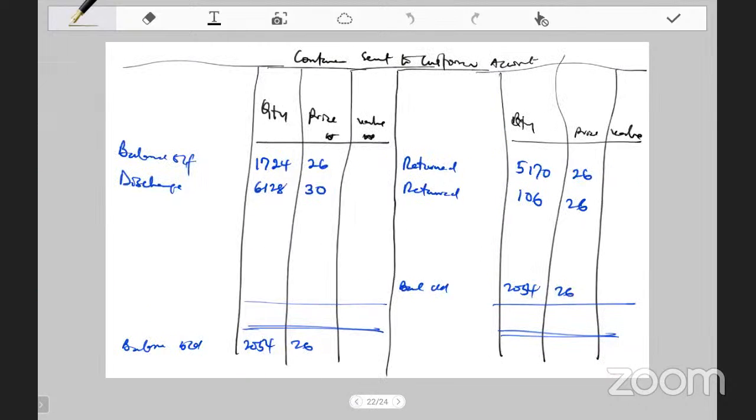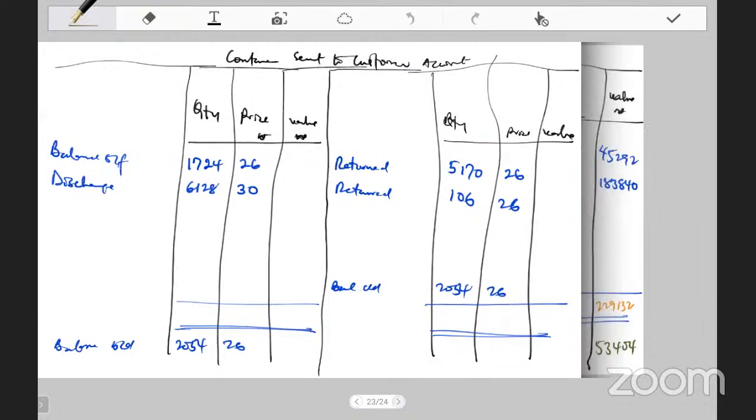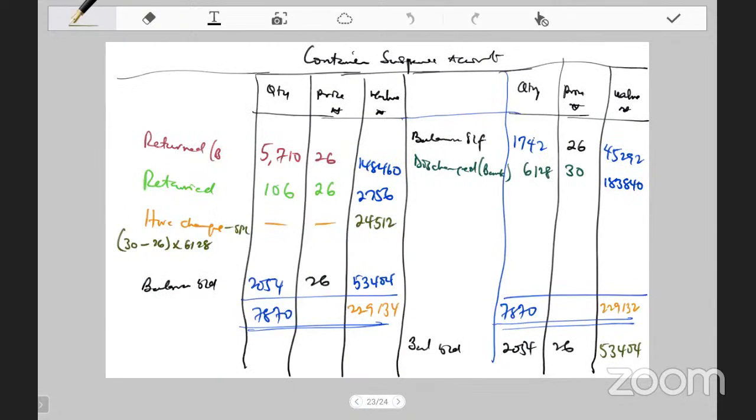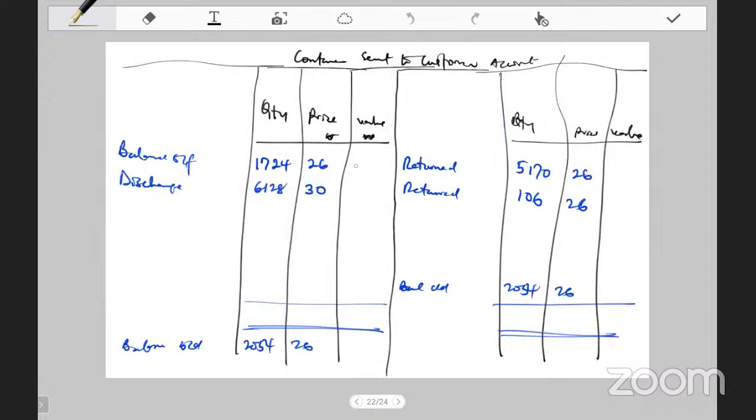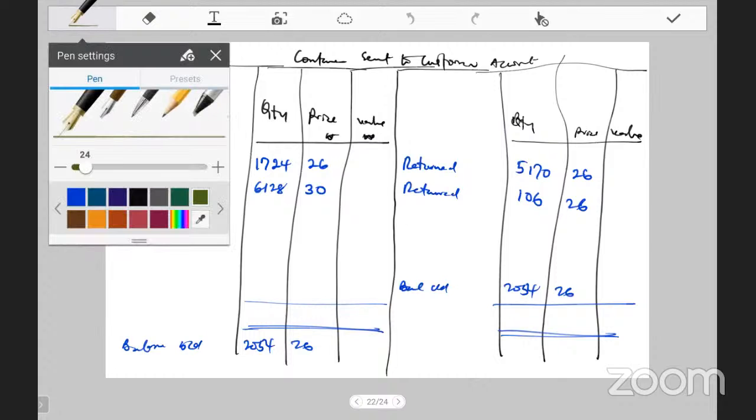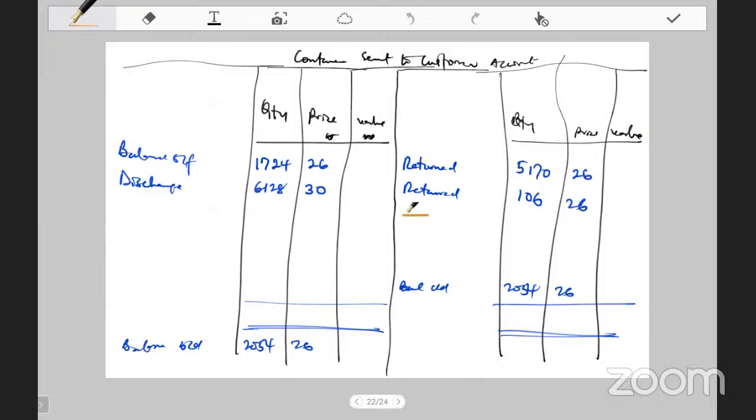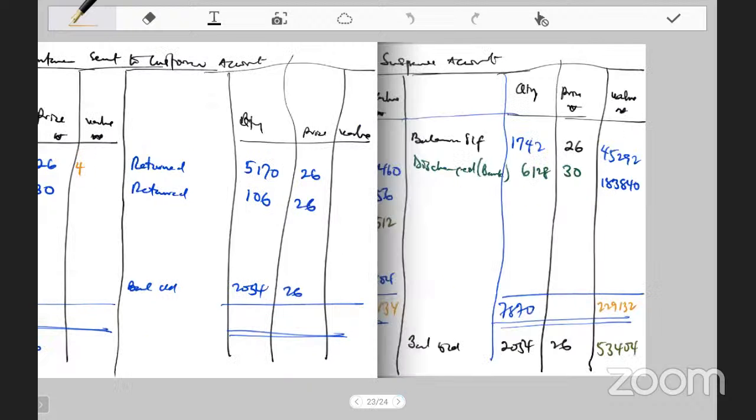So what do I have here? You will just look at it. This is just the mirror of everything I've done on the other side. Give me that figure, Joe. That's 44,824.